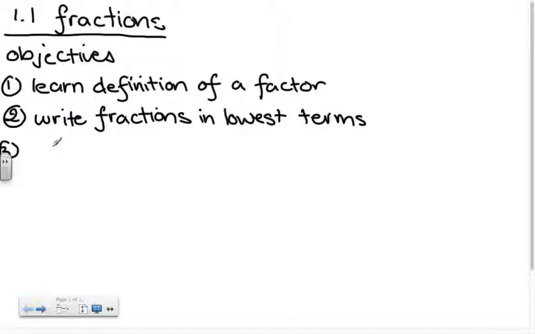The third is to multiply and divide fractions.